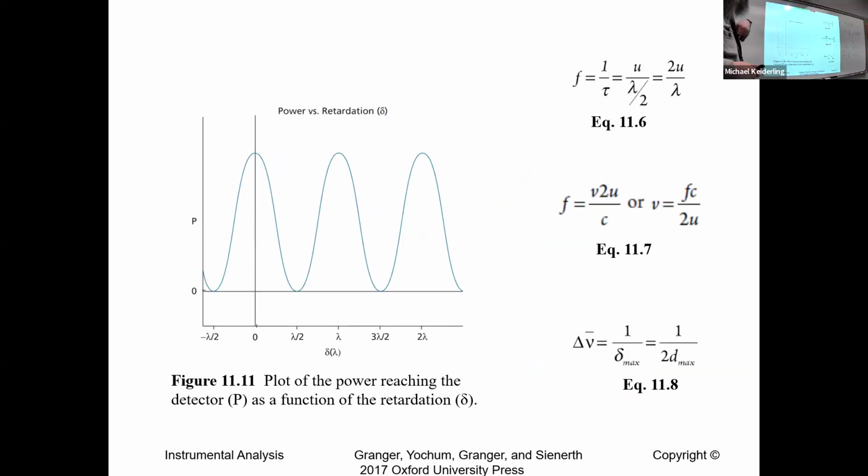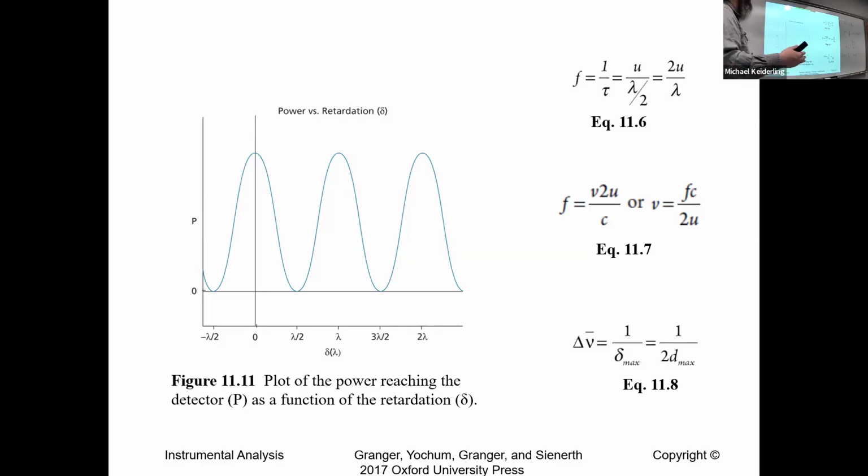So this is a plot of the power reaching the detector as a function of the displacement of the mirror, the retardation. You can see it's sinusoidal for some wavelength. And you'll have different frequencies. Each different wavelength will have a different frequency in this.